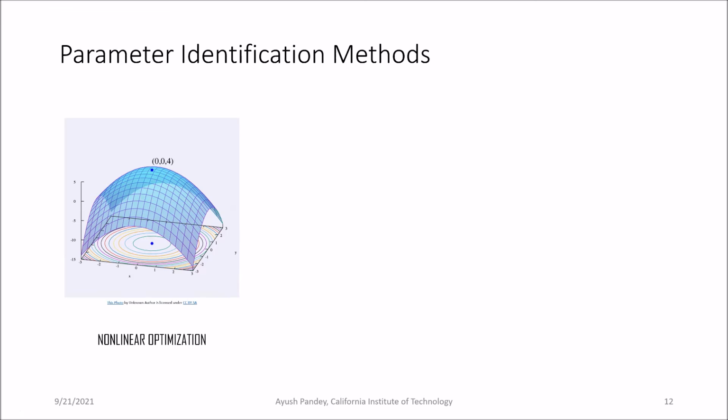For example, convex optimization methods are very well developed. But in general, for nonlinear dynamics, we may not be able to efficiently optimize the dynamics by optimization algorithms, and we may not be able to get exact parameter values.